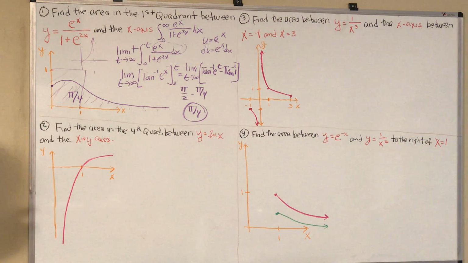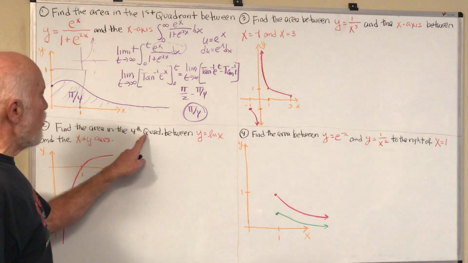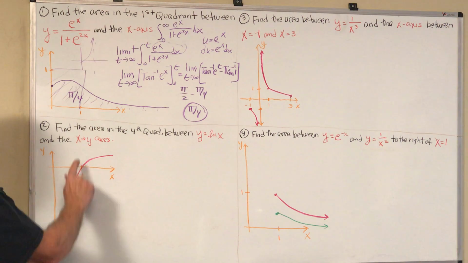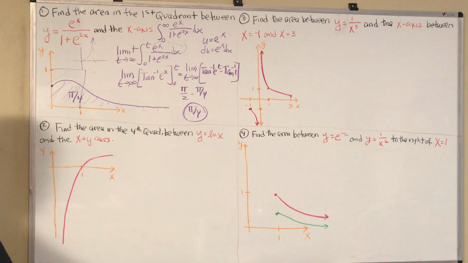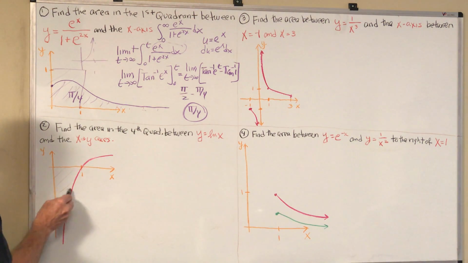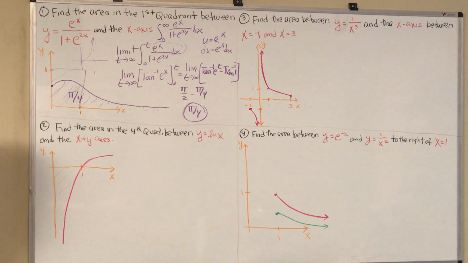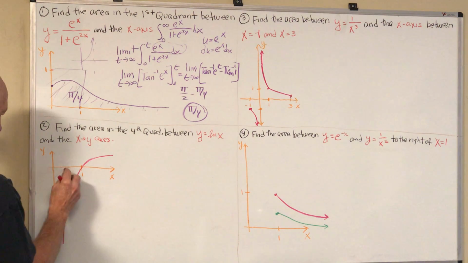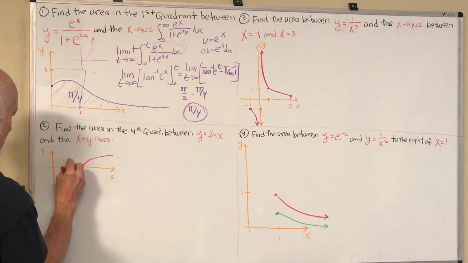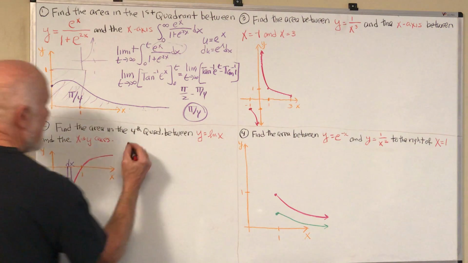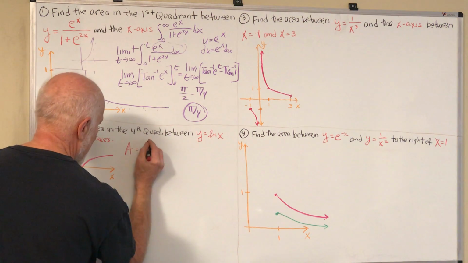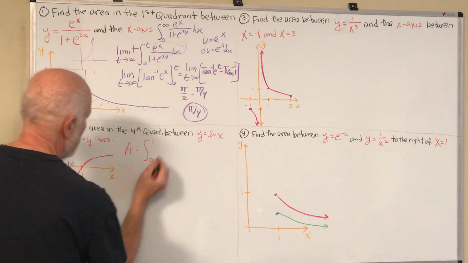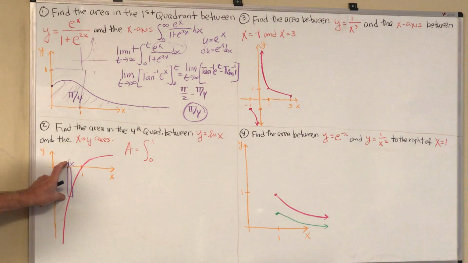Okay, so now find the area in the fourth quadrant between the natural log of x and the x and y axes. So we're going to find this area. So in order to do that, we're going to make our rectangle dx, and you're going to take the area to be the integral from 0 to 1, and be careful, what is that height?